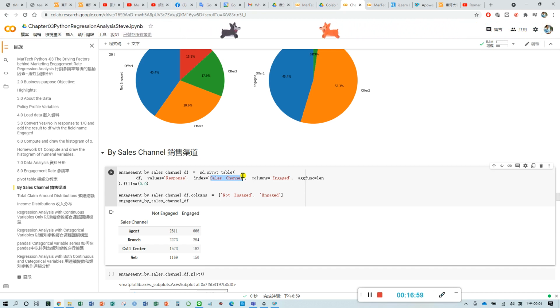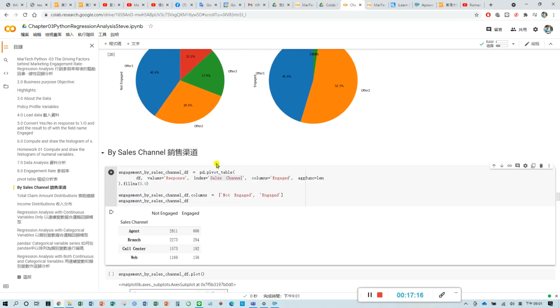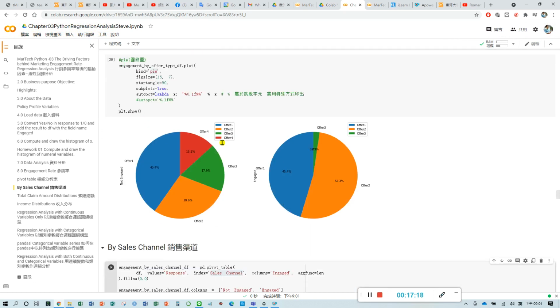Different channels to renew your insurance. We only change these variables. You can get the same as the renew offer type.